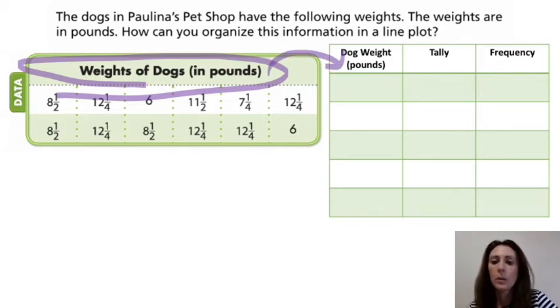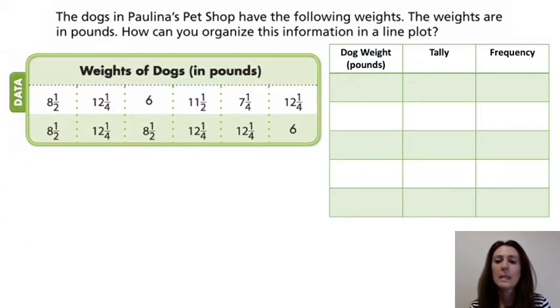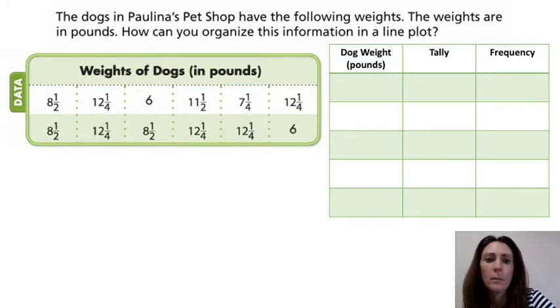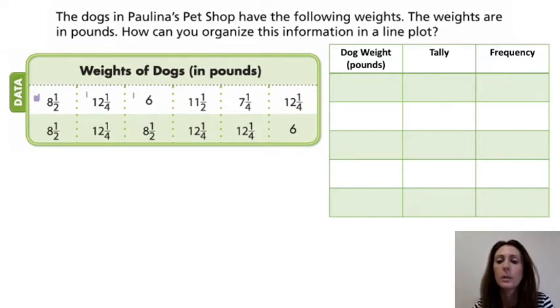I am going to then take a look at what is the least weight of the dogs in pounds. So what is the least pounds? As I go through my data, I'm looking for the smallest number, because when you create a number line, your number line should start with the smallest amount that shows up in your data.